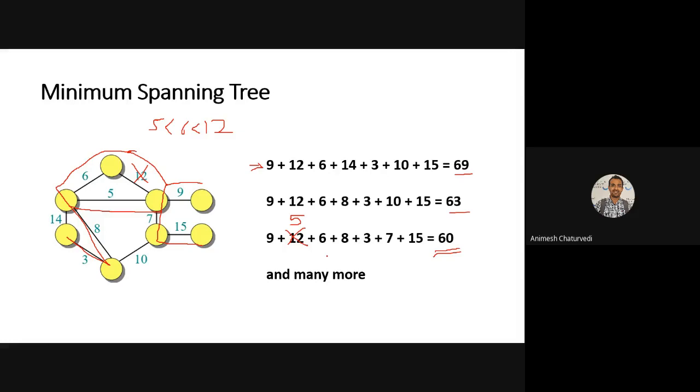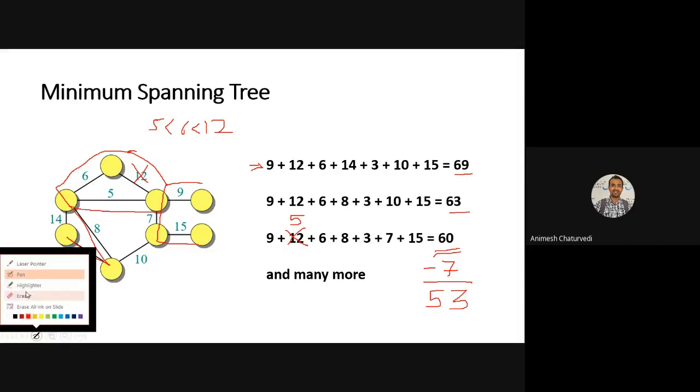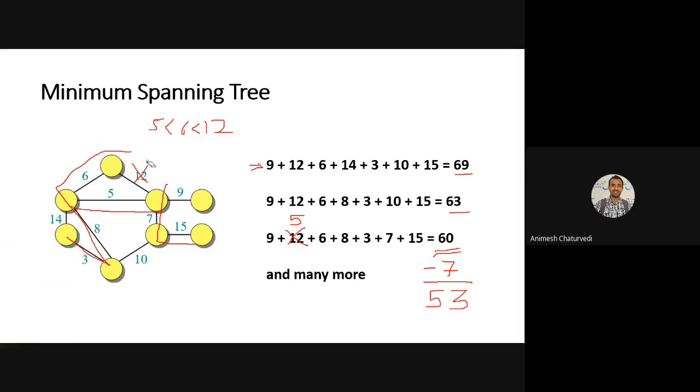So what do you have? You have a decrease of 12 minus 5, which is 7. So you will end up with 53 as the resulting value. So how does the graph look in this condition? The graph looks like this.